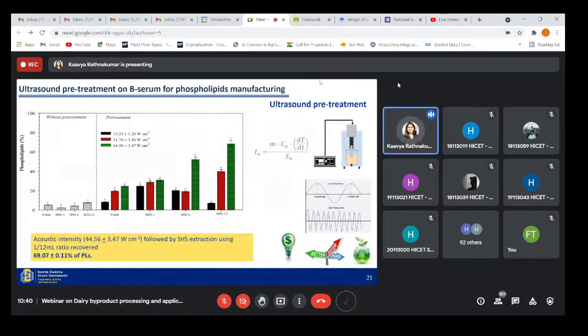These smaller particles from the ultrasound, along with the switchable solvents, help to increase the extraction yield, get the phospholipids quicker, and enhance the efficiency. As we can see, we obtained around 70% of the phospholipids, which was 10 times higher compared to the phospholipids without the pre-treatment.